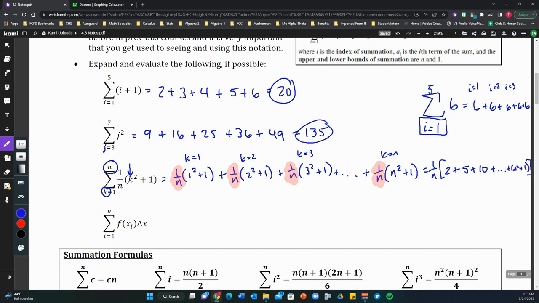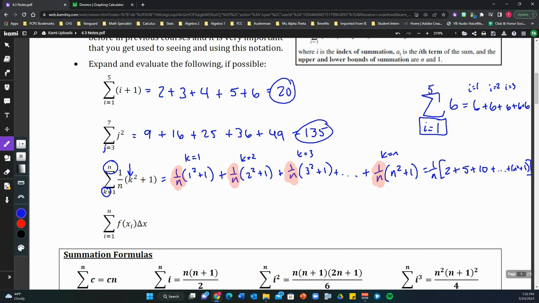Again, we can't actually get to a final answer for this right now because n isn't chosen for us. But if we picked a value of n, then we could use this formula or this expression to figure out what that total is. So just a unique thing with the sigma expression.